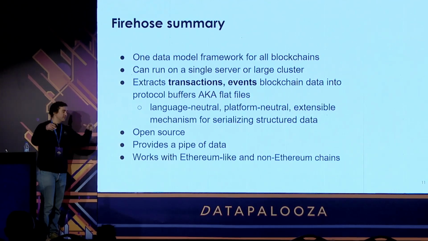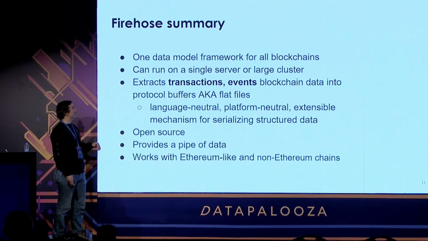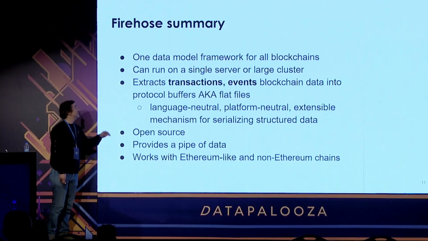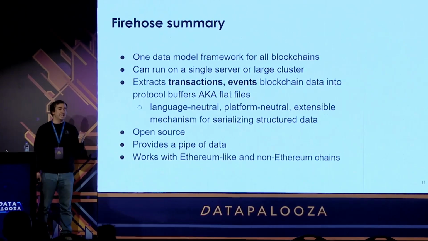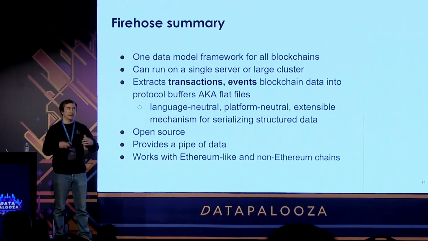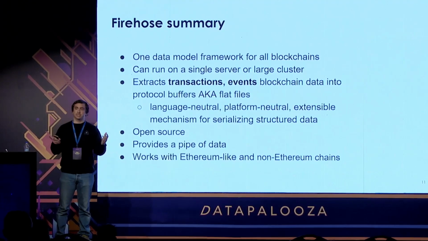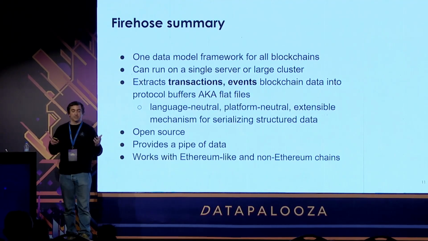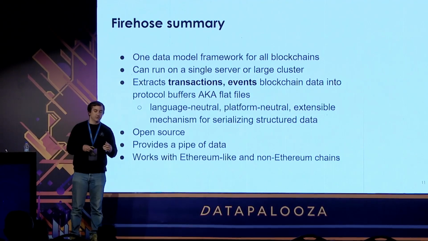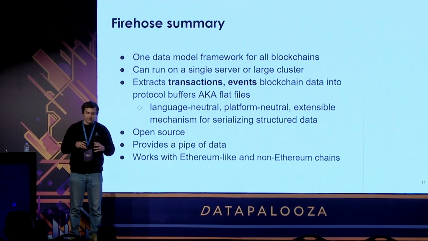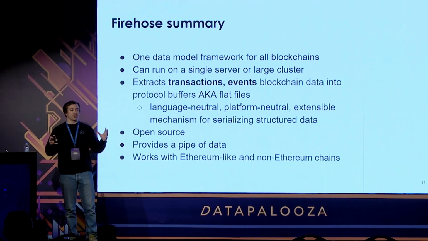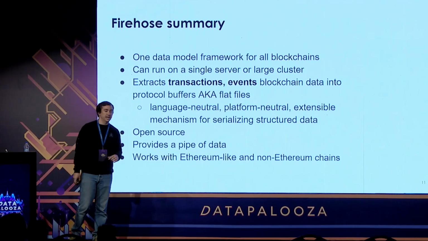So just a high-level overview again of what Firehose does and what it enables. The first thing is you get one data model for all of your blockchains. The graph serves many blockchains, EVM and Ethereum-like and non-Ethereum blockchains, and this framework gives you one model to work with.